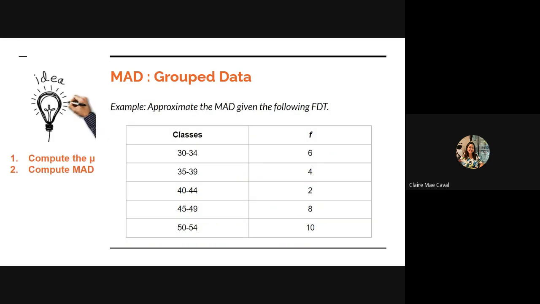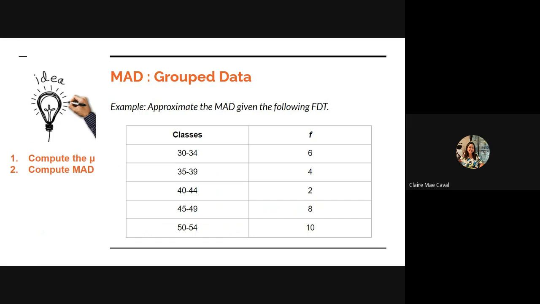Claro? Let's proceed. This time, another example, but with grouped data na. Approximate the mean absolute deviation given the following frequency distribution table. For grouped data, you will expect that we will already be giving the initial frequency distribution table that consists of the class intervals or classes and the frequency. Kasi nga, to maximize time, it will be time consuming as well if we ask for the measures of dispersion and then you still have to construct and solve for the frequency distribution table.